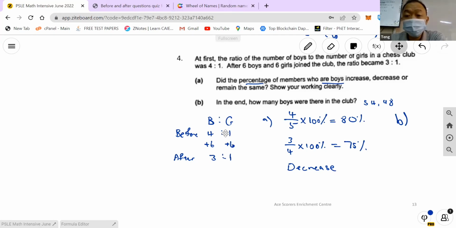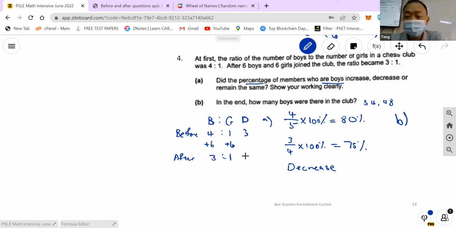Now this ratio is actually what we call the difference unchanged. Why is it difference unchanged? Because even though they added the same number, I can actually have another column. D stands for difference. So 4 minus 1 is 3. The difference is 3.